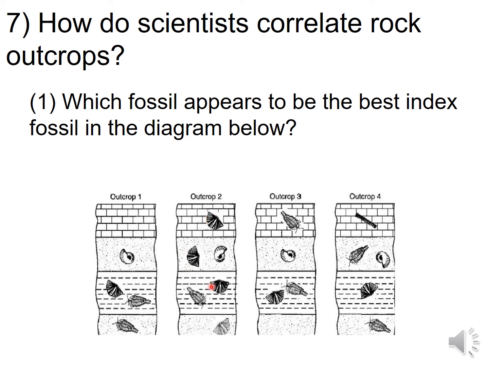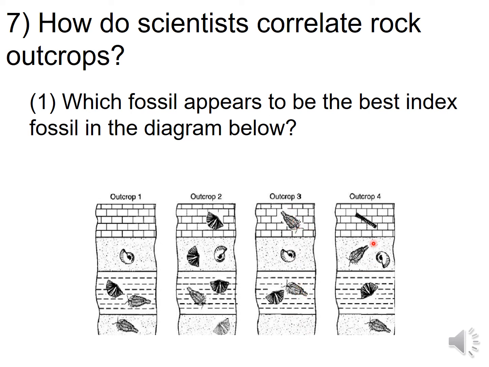Because remember, we want a short time. If we look at this one here, I believe it's a trilobite, is what they're called. Again, they're in all 4, but they're in multiple time periods. Here, they even skipped a layer. It's in this one and then up in this one.